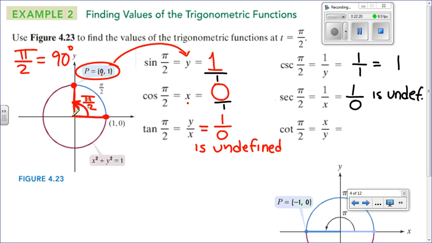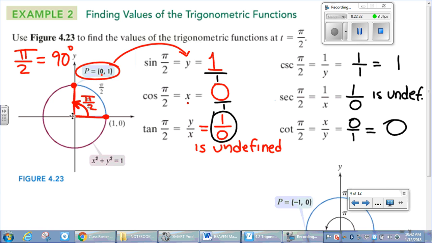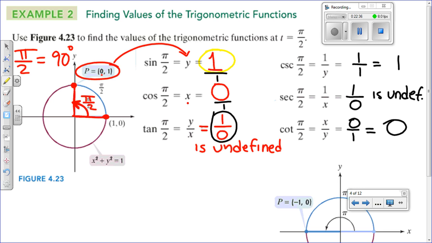And then for cotangent, we take the reciprocal of tangent, and that is 0 over 1, or just 0. Very good. So the solutions for those 6 ratios: sine of pi over 2 is 1. Cosine is 0. The tangent is undefined. The cosecant is 1. The secant is undefined, and the cotangent is 0.